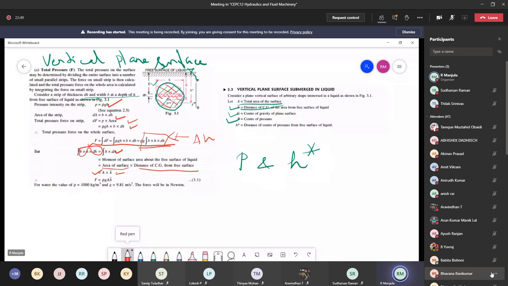This is the equation of the total pressure force: F is equal to rho g A h bar. For water, normally you know the density of water and the acceleration due to gravity. Okay.